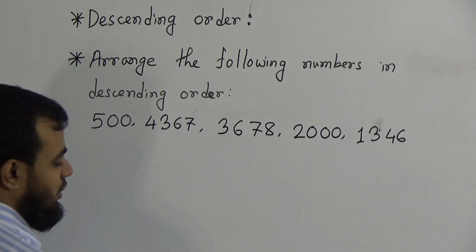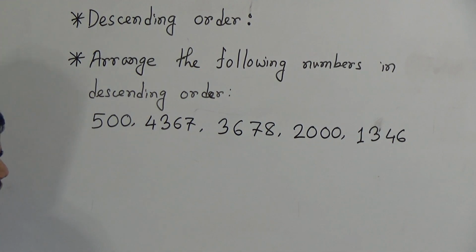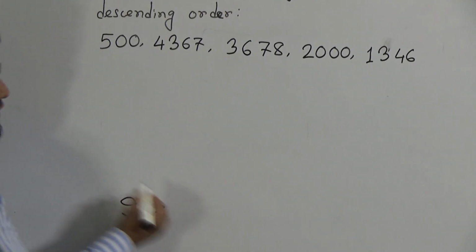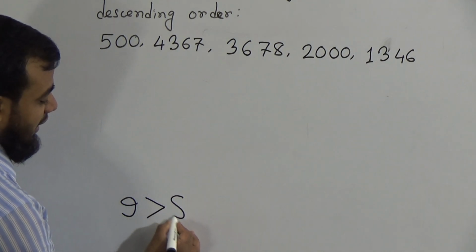First of all, look, we know the 10 digits, right? From 0 to 9. Among these 10 digits, 9 is the greatest digit. The immediate smaller digit of 9 is 8.